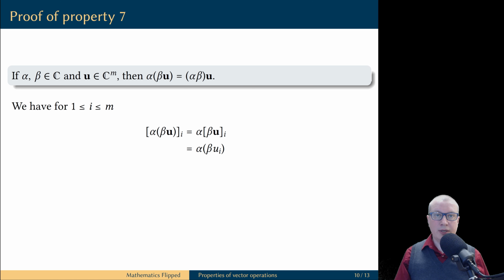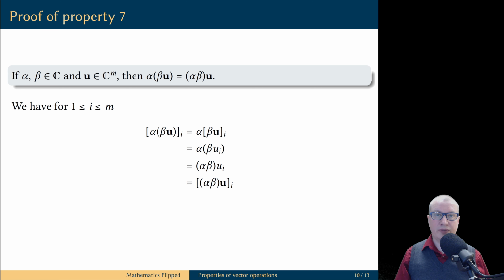What we have now is multiplication of three numbers, and we do know that the operation of multiplication of complex numbers is associative. Now let's translate this expression in terms of the components of the vectors. We have a scalar alpha beta multiplied by the ith component of the vector u.